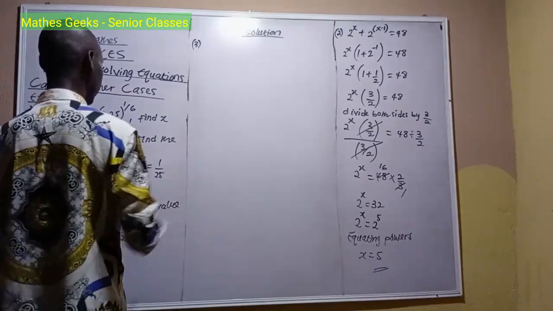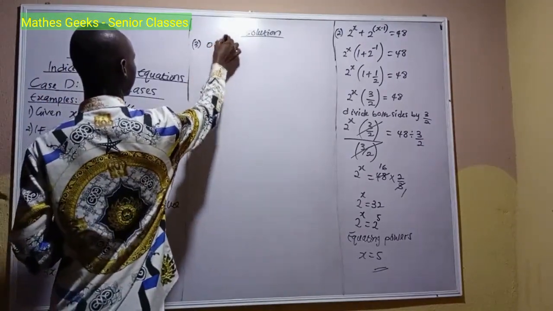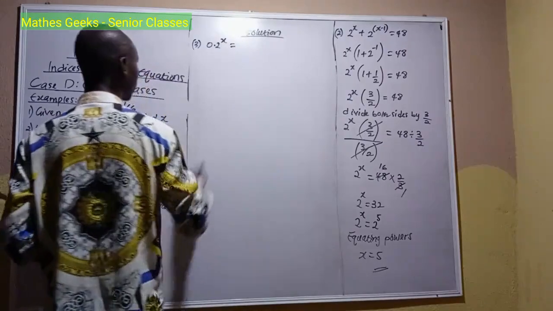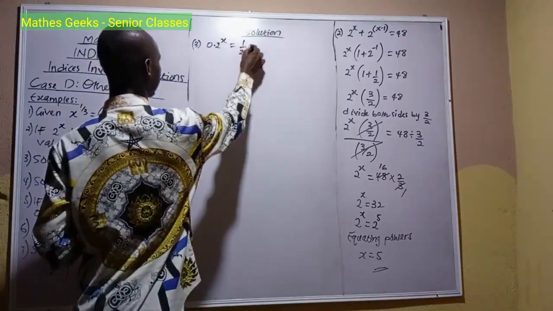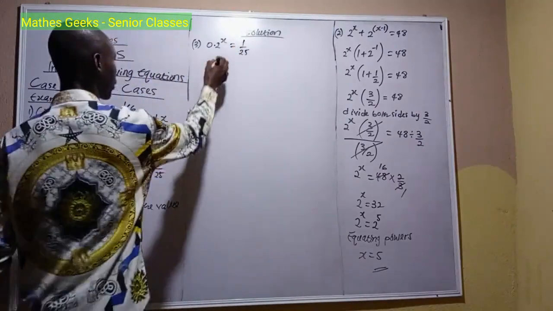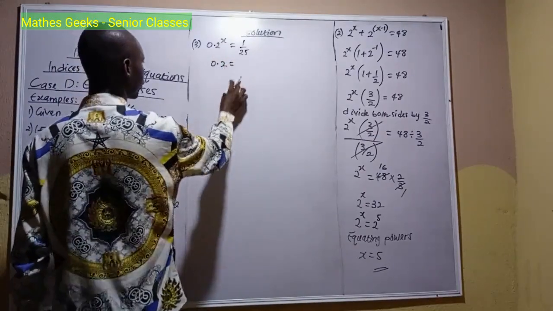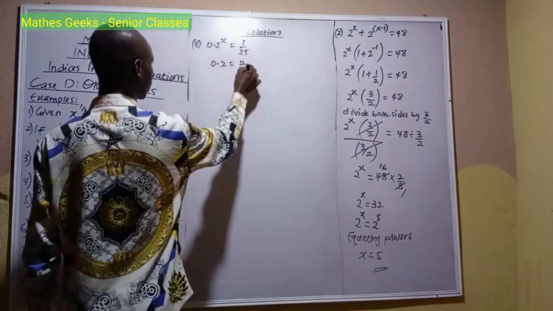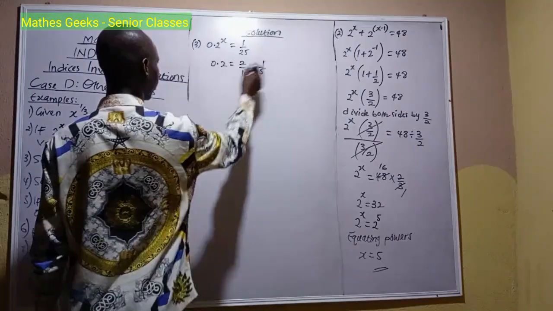Number 3: solve the equation 0.2 raised to the power x equals 1 over 25. 0.2 is equal to 2 over 10, which is equal to 1 over 5.